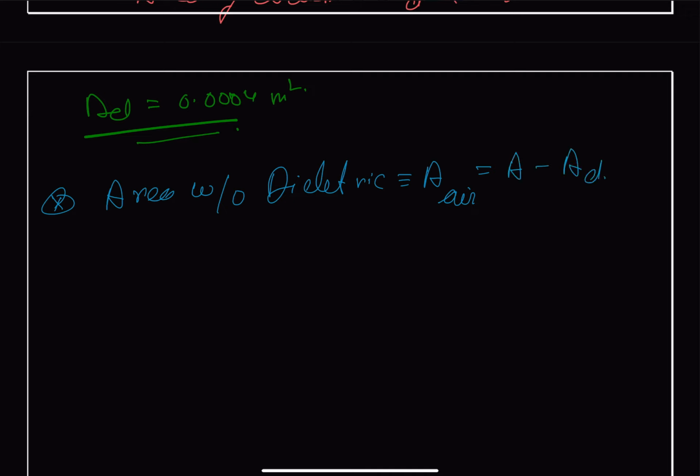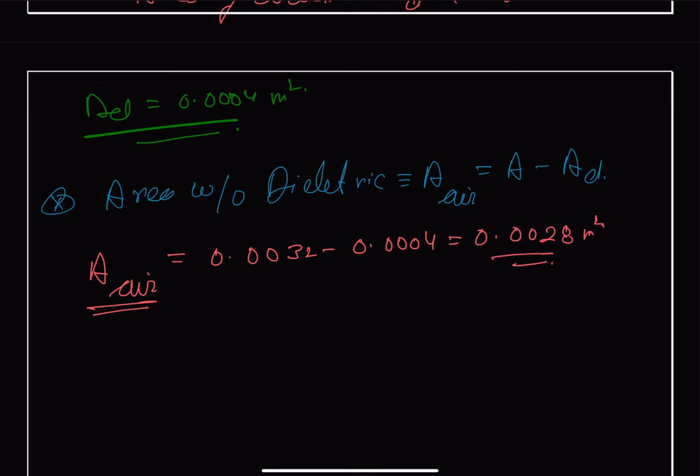So we get area of the capacitor, which is consisting of only air, will be equal to 0.0032 minus 0.004, which comes as 0.0028 meter square.